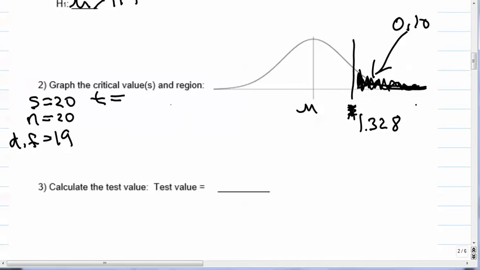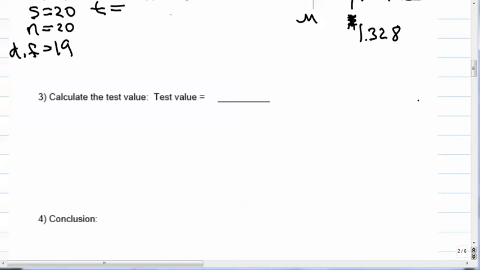So what is the test value? Again, the test value formula is going to be x bar minus the mean of the null hypothesis divided by, well, again, I don't know what the population standard deviation is, so that's going to be S here, and then the square root of n right here.